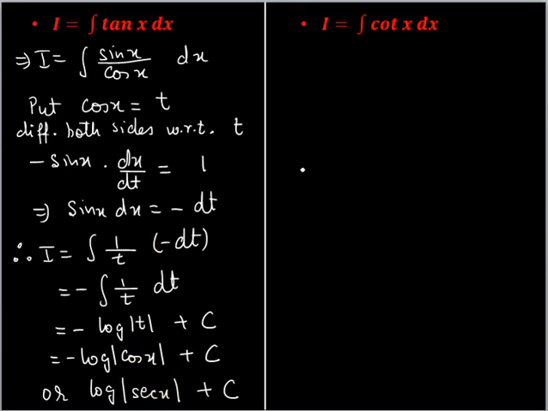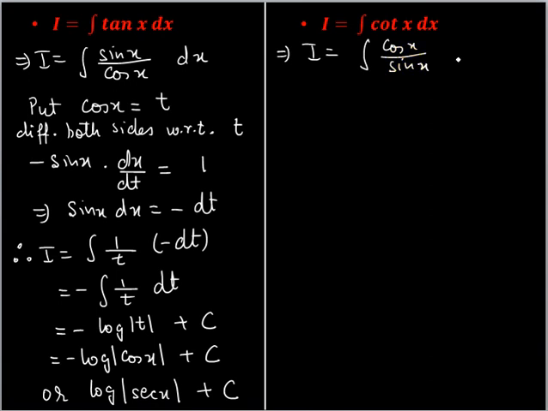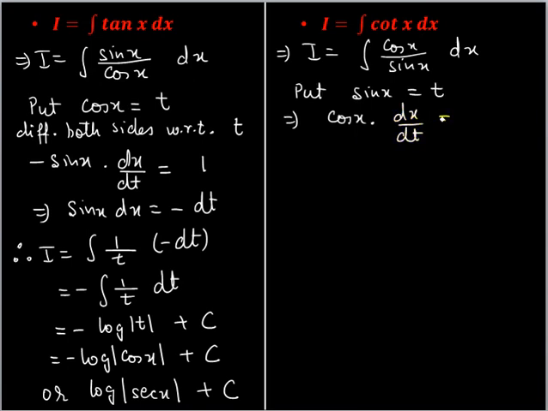The same method we are going to apply for deriving the integral of cot x also. We will first write I as cos x over sin x. Now go for the substitution. We can put sin x equal to t. Now if I differentiate both sides with respect to t, the derivative of sin x is cos x, and the derivative of x is dx over dt. The derivative of t will be 1. So this gives us cos x dx is equal to dt.